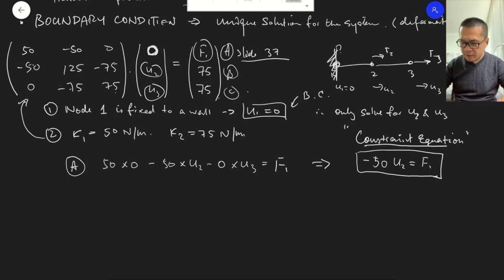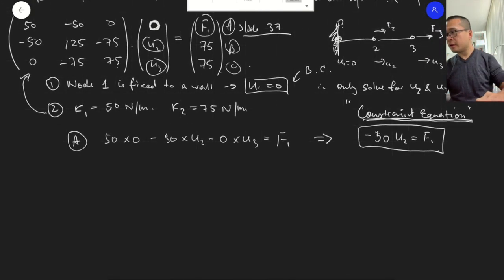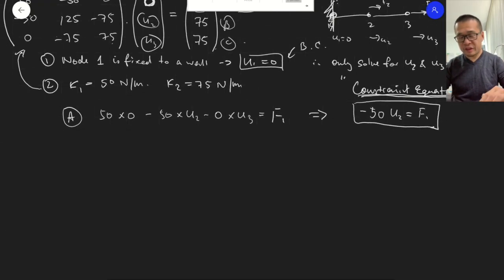Why? Because no matter what U2 and U3 are, they must satisfy this constraint. This basically determines how the other deformation values will be, right?